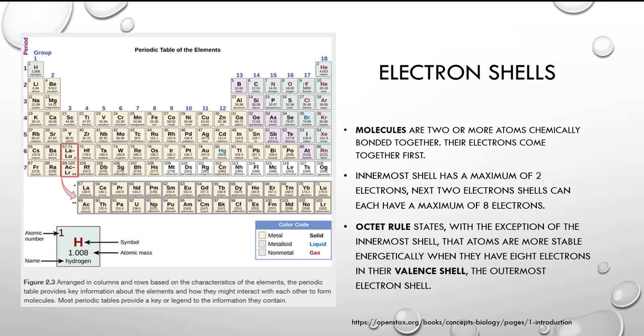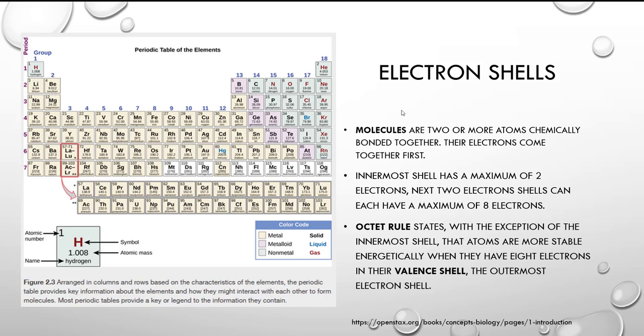But fluorine has 2 filling the first shell and 7 in the outermost shell, so it just needs 1 more electron to fill its outermost shell. If only it could get that 1 electron that lithium has.